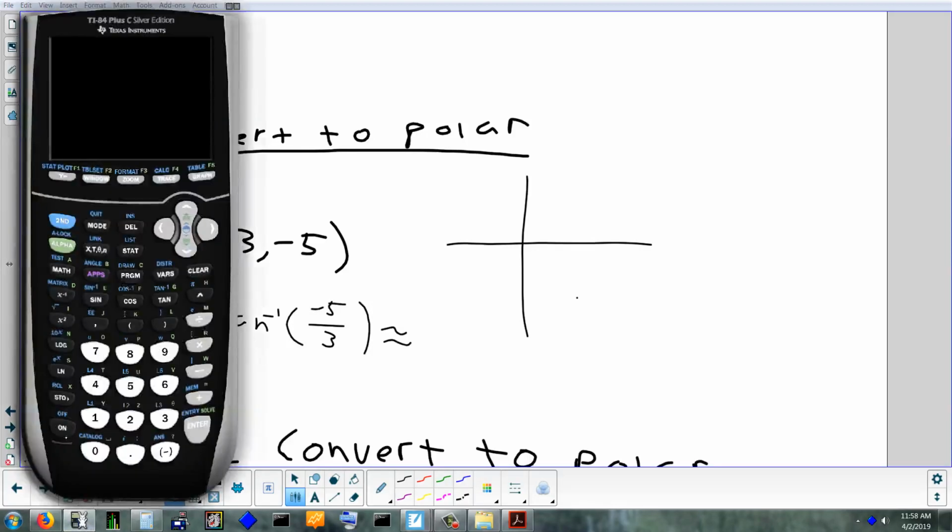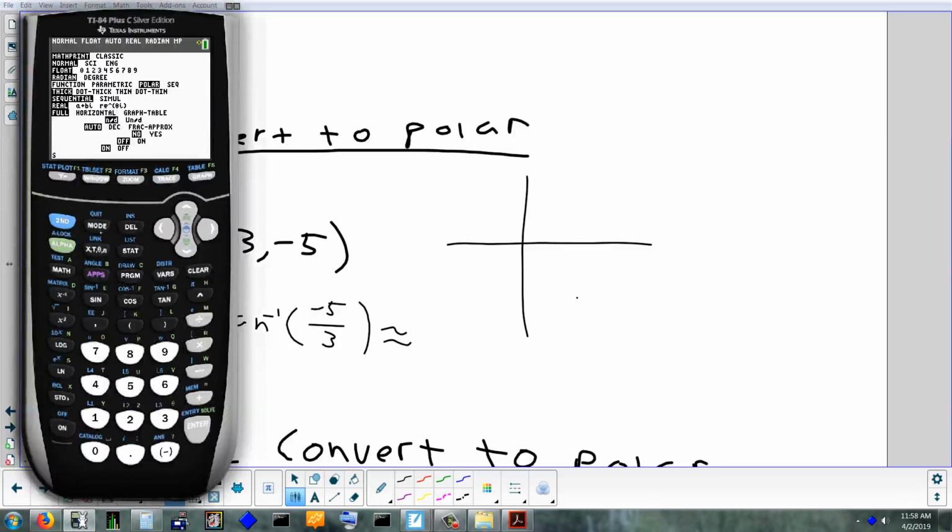Okay, so let's see what we get. I'm gonna do it in degrees. So second inverse tangent, -5/3. So I'm expecting this angle to probably be, I don't know, maybe -60, somewhere around there. -59. So about -59.04.